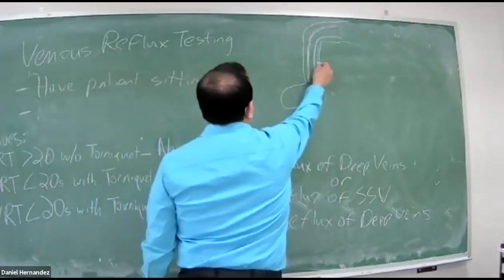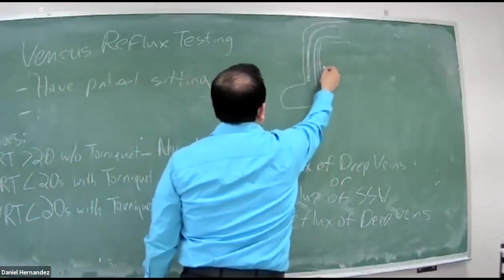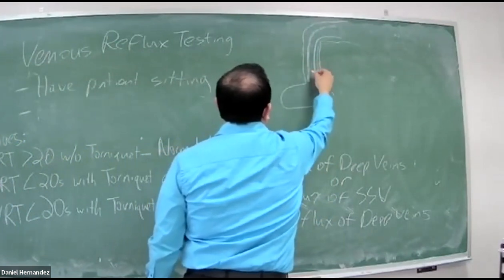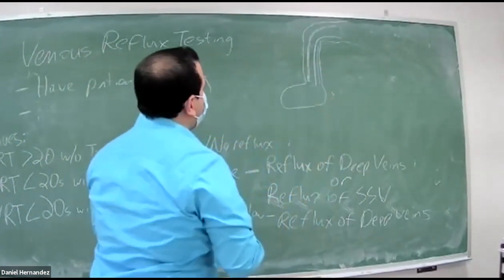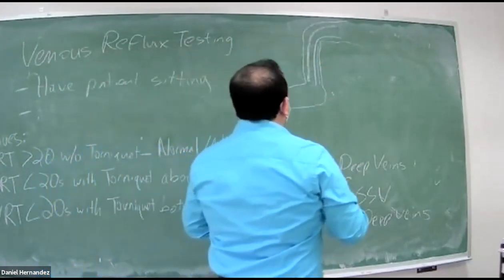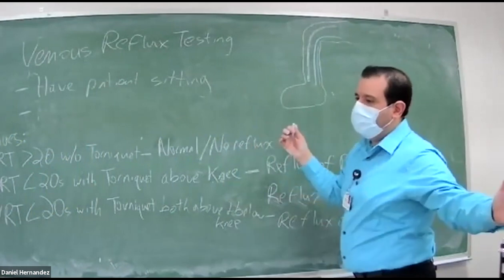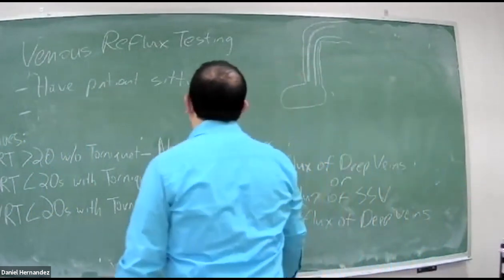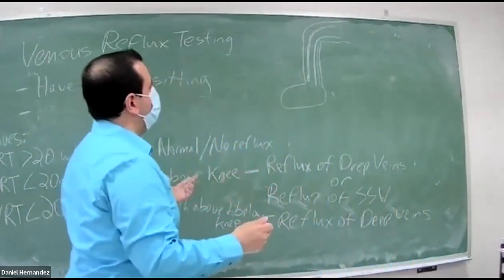So with this study, we're going to place our sensor just above the ankle, about 5 centimeters above the ankle. We're going to get our tracing. So we want to see long refill times. That's going to indicate that there's no insufficiency going on.